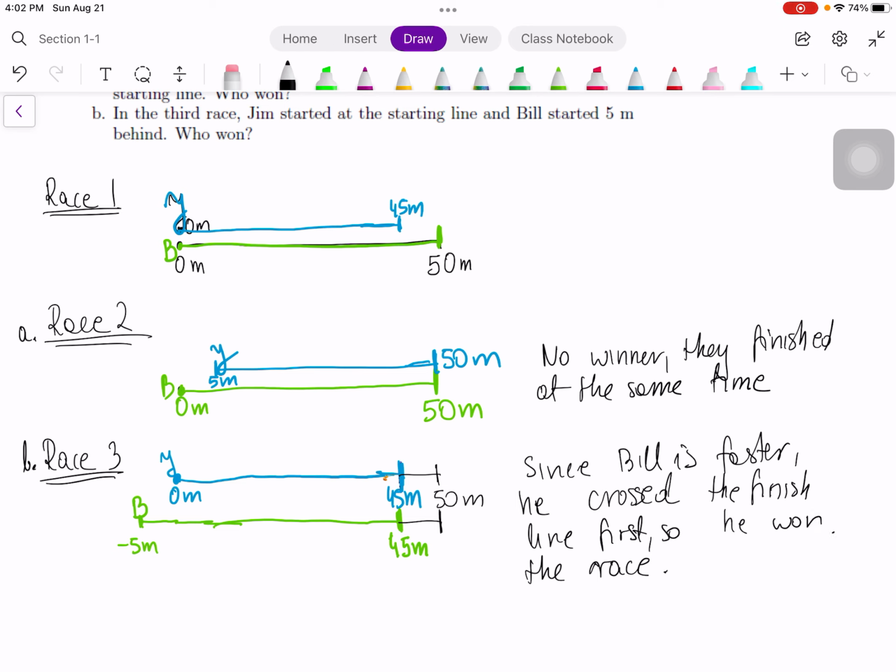Because the question was who won. Well, Bill won, even though he was 5 meters behind. They crossed the 45 meter mark at the same time, but of course Bill runs faster, so he finished first.